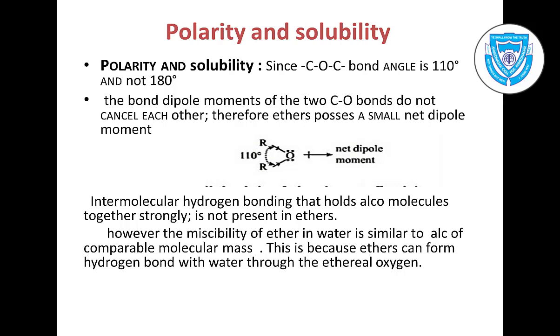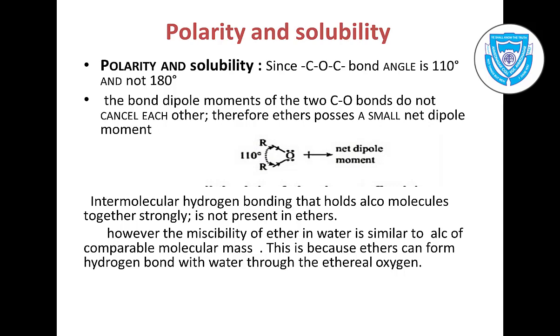When we talk about polarity, we can look at the structure, that is the ether group, C-O-C. We might consider this a linear molecule, but it is not linear, and the bond angle is 110 and not 180 degrees. So the bond dipole moments of the C-O bonds do not cancel each other, and therefore ether possesses a net dipole moment, and its polarity is a bit less.